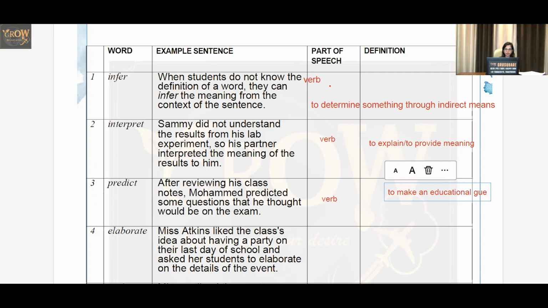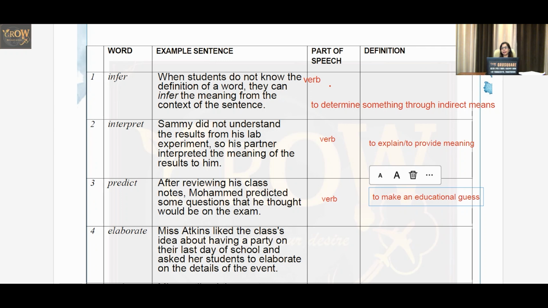Okay, that means andaza lagana, but थोड़ा सोच समझ के फैक्ट्स के बेसिस पे। अब जैसे आपको वेदर की प्रिडिक्शंस आती हैं, ठीक है, तो मोस्ट ऑफ द टाइम्स वो ट्रू ही होती हैं, ठीक है। व्हाई इज इट सो? बिकॉज वो प्रिडिक्ट तो करते हैं, और वर्ड क्या हो सकता है, फोरकास्ट तो करते हैं, एंटिसिपेट तो करते हैं, बट दे डू इट with an educational guess.